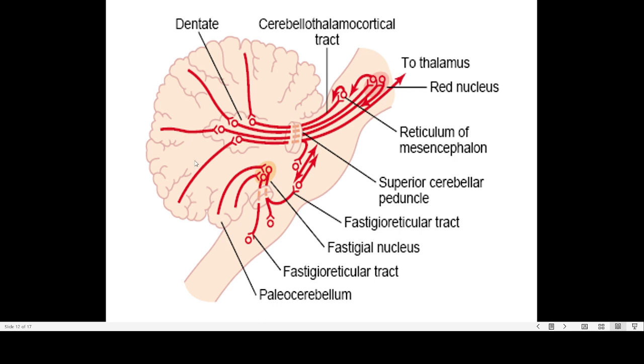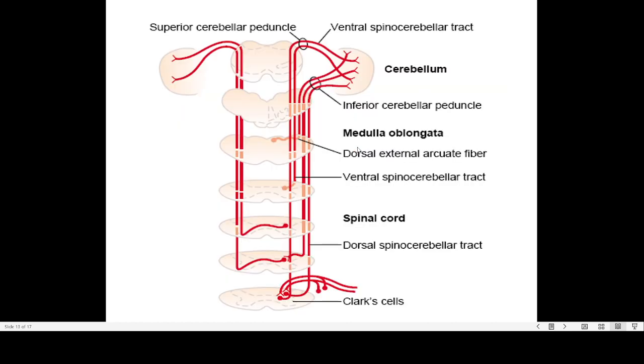And also some of the fibers are connecting to other different nuclei. For example, the fastigial nucleus and the fastigio-reticular tract, which will be connecting to the nucleus. Then the paleo-cerebellum, that will be connecting portions of the nerve fibers.